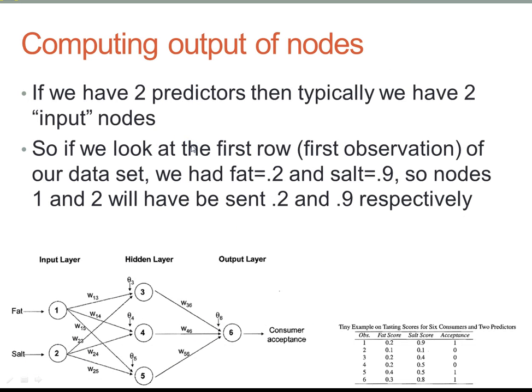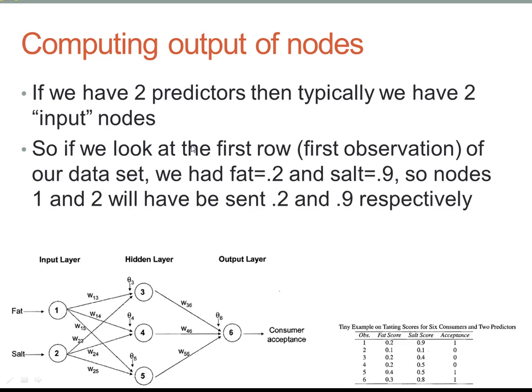Okay. Computing output of nodes. So here's what's supposed to happen. We have node, node, node, node, node, and then maybe here, something like that. Isn't that what we had? We had a picture like that.